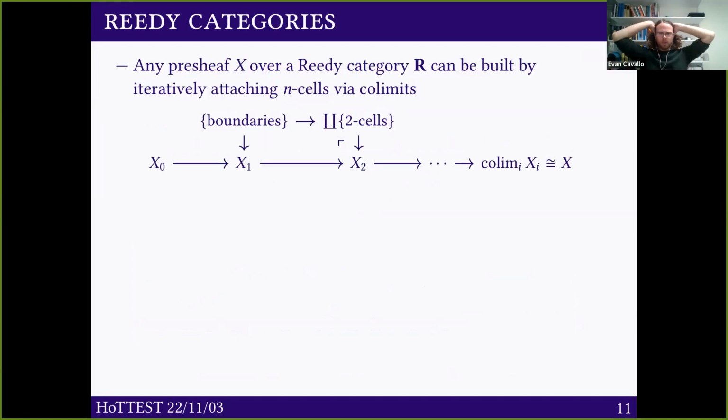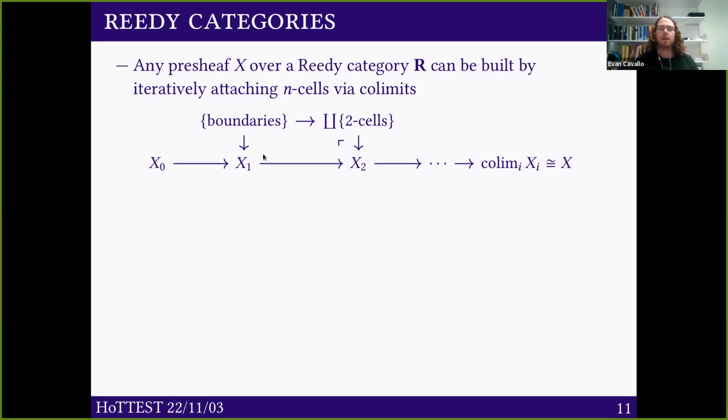What's useful about Reedy categories for us is that if we have any presheaf over a Reedy category, then we can describe it as built up by iteratively attaching cells of increasing degree. So we can start with the points of the presheaf, its value at zero-dimensional things, so like the points in a cubical set, and then we attach the one-dimensional things, the lines, and then the two-dimensional things, the squares.